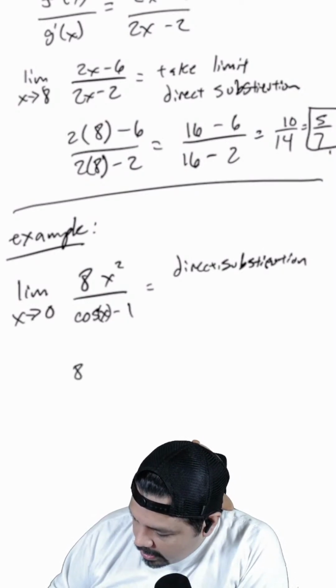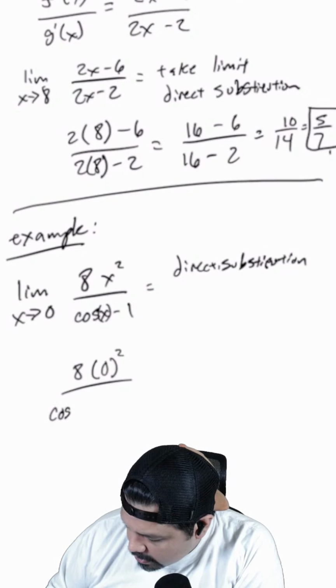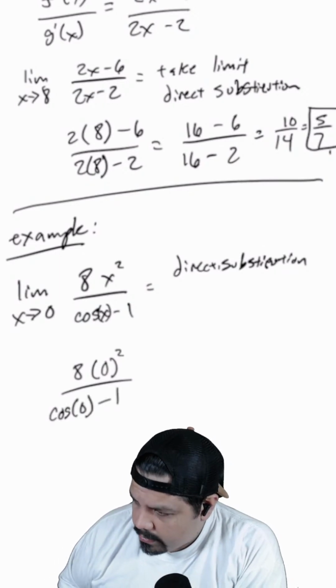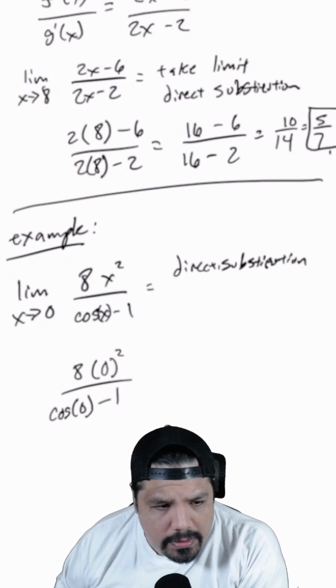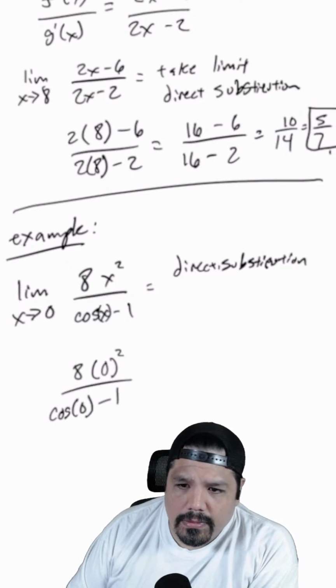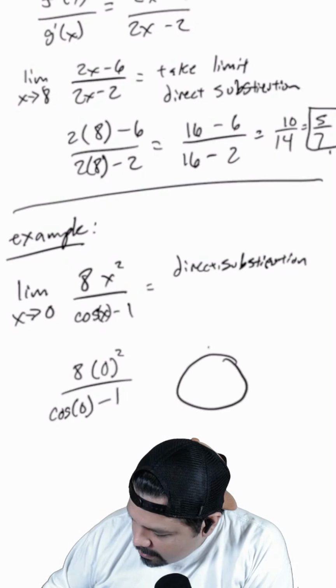So we're going to get 8 times 0 squared all over cosine of 0 minus 1. Well, what's the cosine of 0? Who knows? I do. If we remember the unit circle.